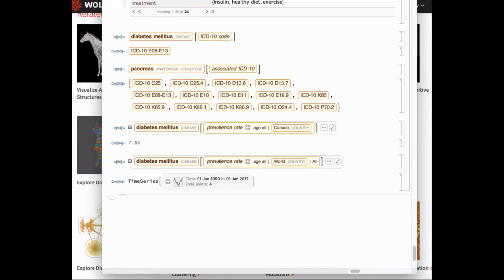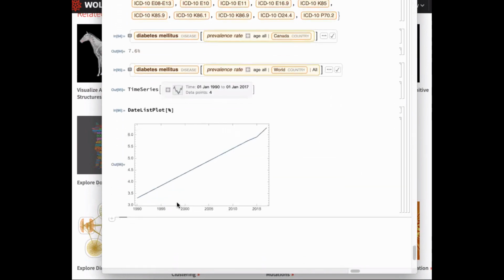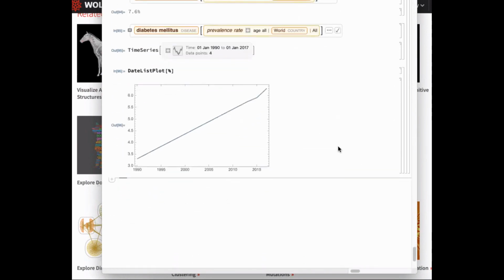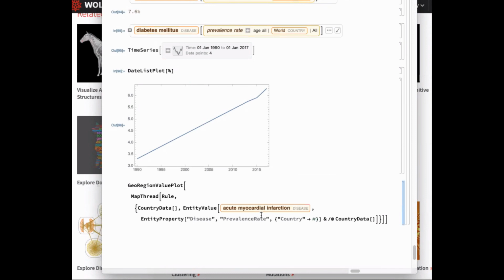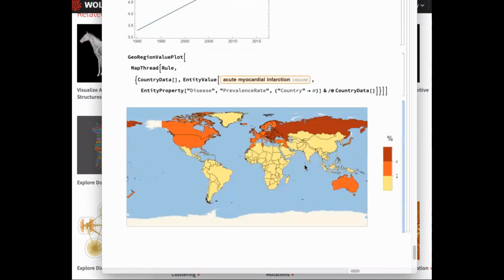And you get the time series data, and that can be fed into the DateListPlot. In another example here, we get the disease prevalence rate by countries and map them using the GeoRegionValuePlot and get the result displayed on the map.